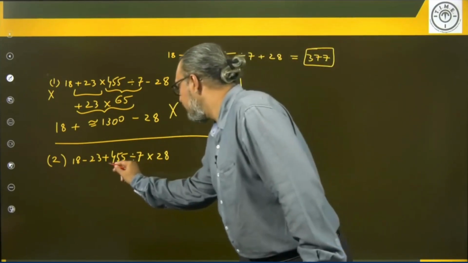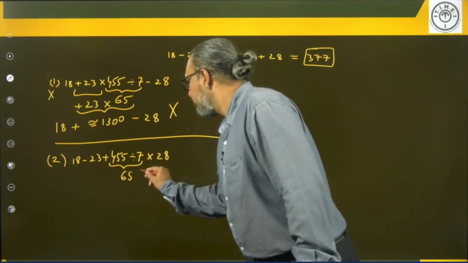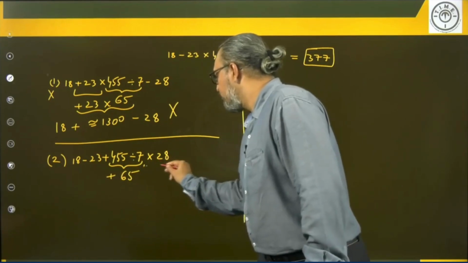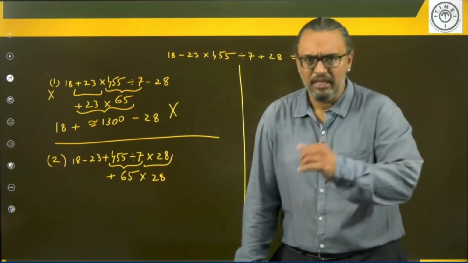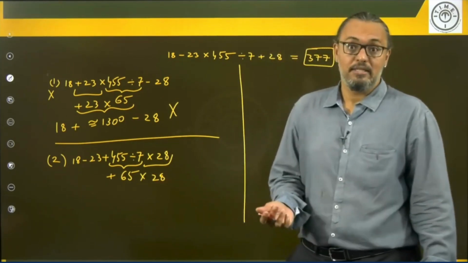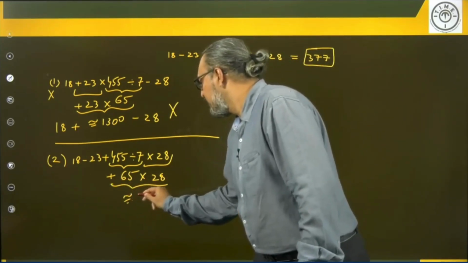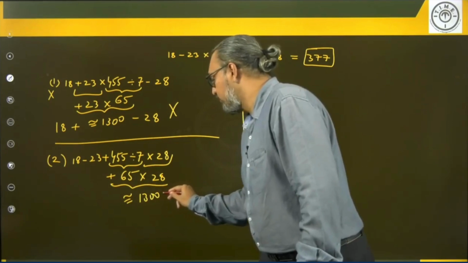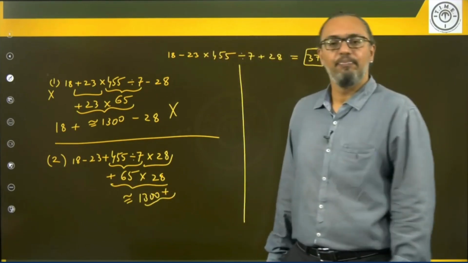Now again we do the same. First is division, we do the division. So we get 65 again, plus 65, and then you take the remaining, which is into, because after division the next is multiplication. But again here it is 65 into 28. So again can I say it is an approximation of 1300 plus only, more than 1300 plus value, correct.